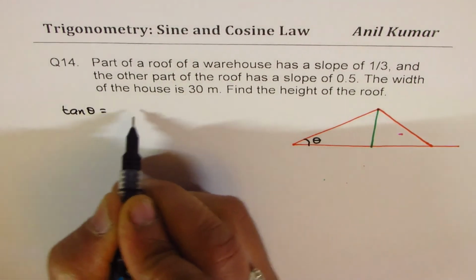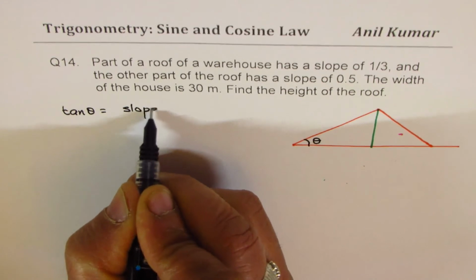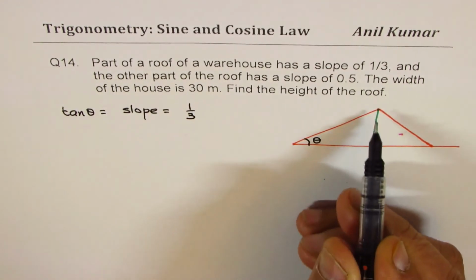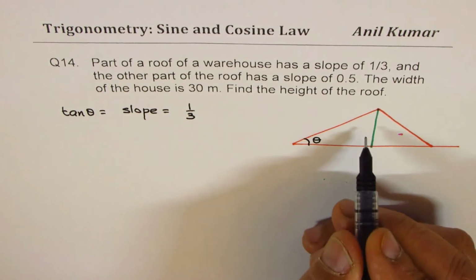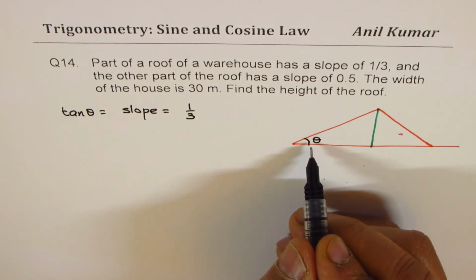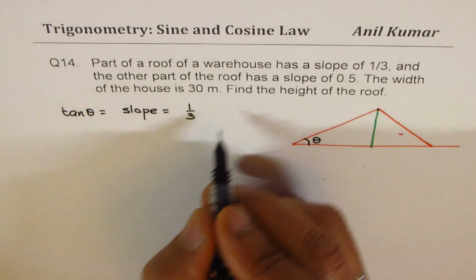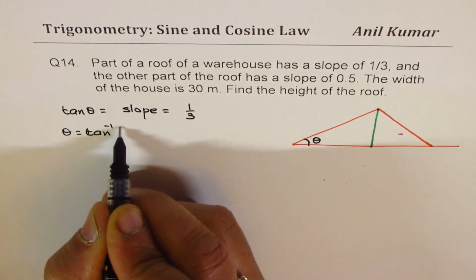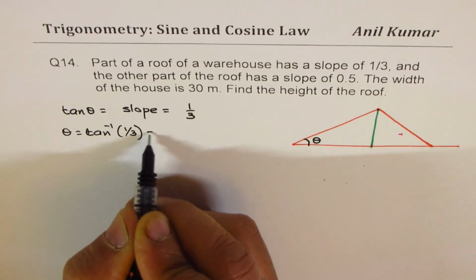Tan theta equals the slope, which is 1/3, right? Rise over run, correct? Slope is rise over run, so that gives you tan theta. Now, theta equals tan inverse of 1/3.